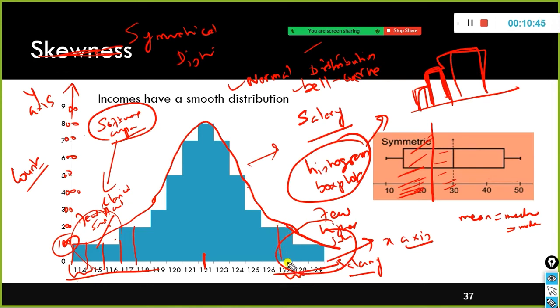How many people are getting this much salary? 200 employees. And if you look at this last one, 1,29,000 to 1,30,000, only 100 employees are getting high salary. Only a few employees are getting high salary, and only a few employees are getting less salary.